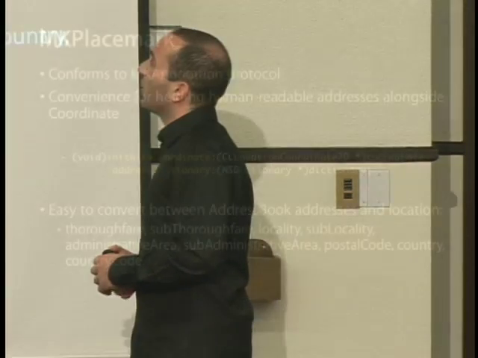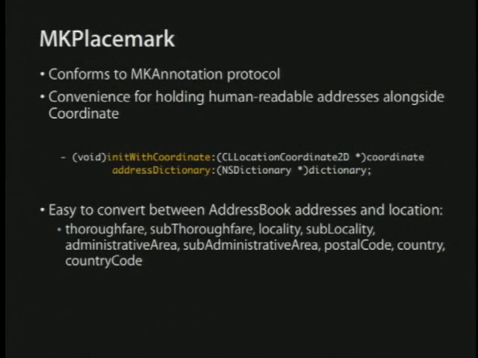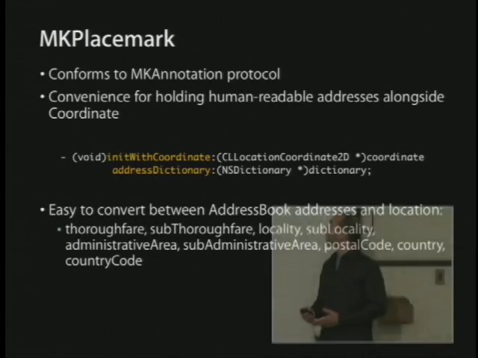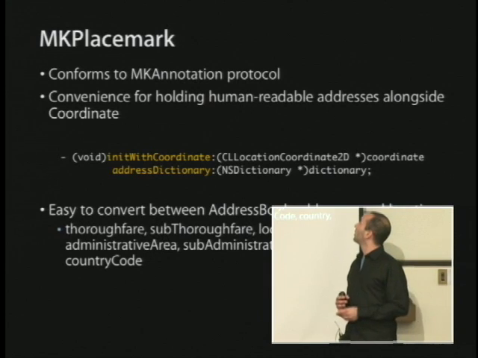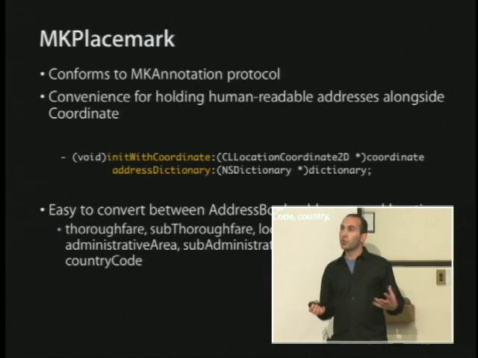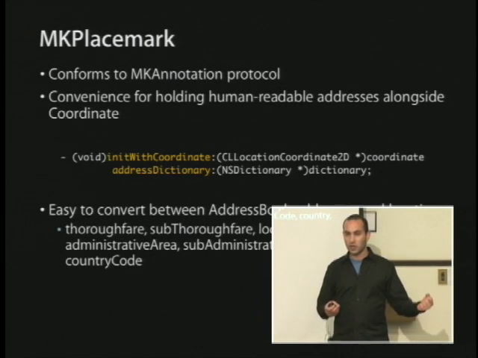Okay. There's also an object here called MK placemark. MK placemark conforms to the MK annotation protocol, so you can use these as your annotations if you want. It's a convenience for holding data that maps a geolocation coordinate to a human readable address.